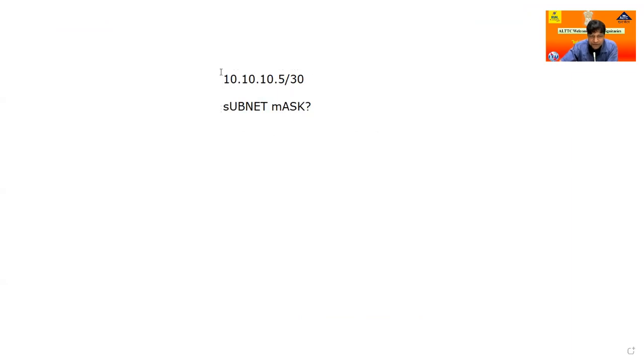As per our discussion, how to calculate the subnet mask. Sameer, I think try again. Subnet mask from left-hand side to right-hand side: 30 bits are 1. Then you solve. This first octet has all 8 bits as 1, definitely 255.